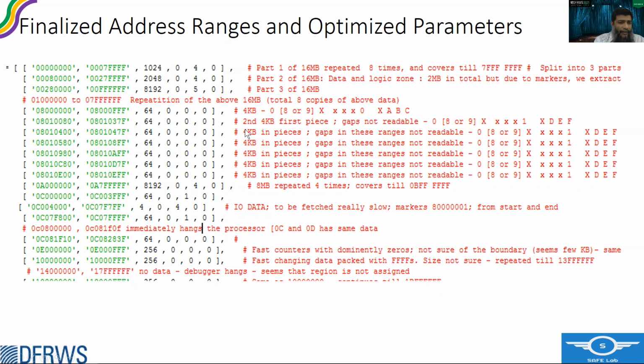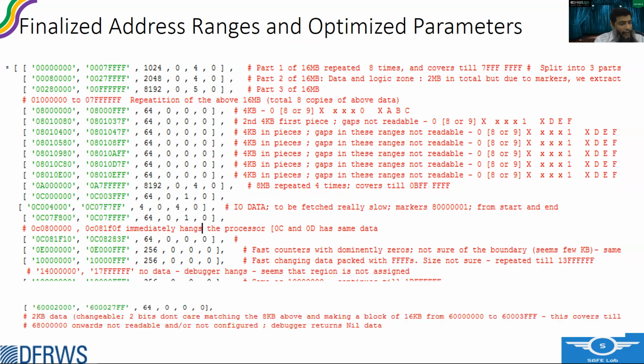And then there are some addresses that actually hang the processor, which are probably pointing to some peripherals, and we should avoid them. And then if you see here, the data above this was all zeros and not in use. The data was nil, and it continued until all Fs. So more than half of the address space was not utilized.